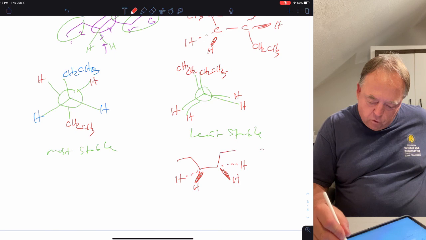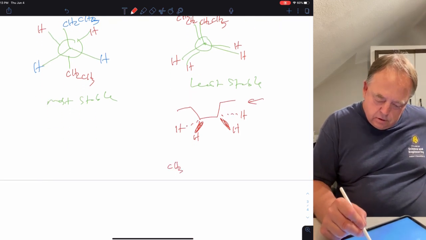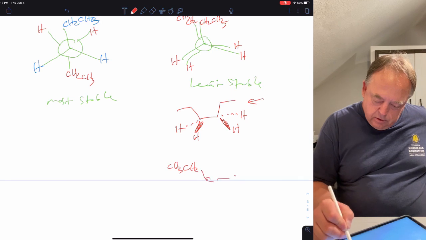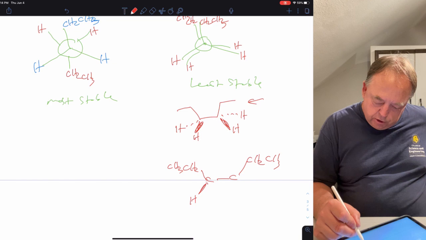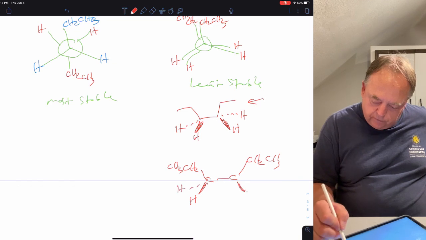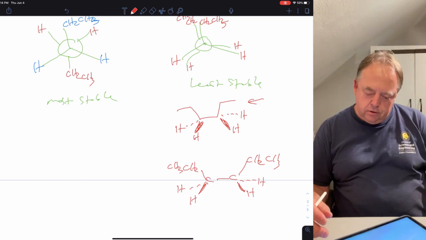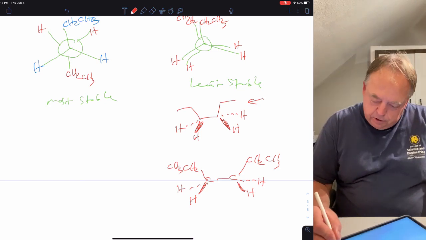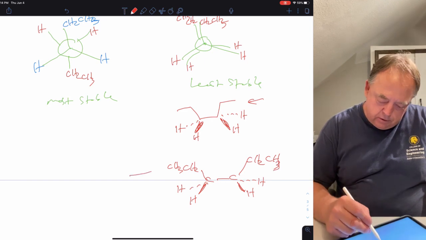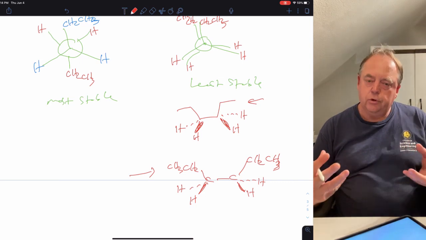You can use the line formula, or you could write out the atoms, whatever you prefer. I understand both structures, so whichever one you feel most comfortable drawing is the one that you should draw. Obviously, drawing the line formula is easier. It requires less writing, so you can do it faster. But if it helps you to see all of the atoms, then by all means, draw out more of an expanded structural formula, but put it in 3 dimensions.